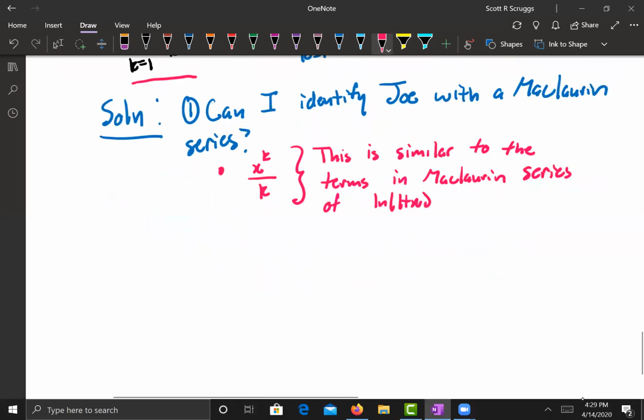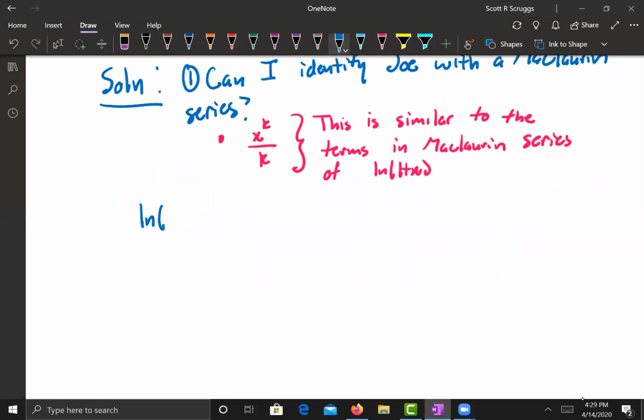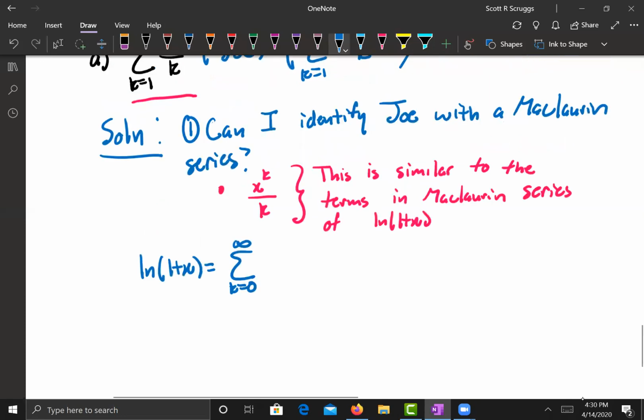And so let's go ahead and write down that Maclaurin series again. It is the sum from k equals 0 to infinity of, let's copy that guy down, negative 1 to the k plus 1 t to the k over k, or x to the k, all divided by k.